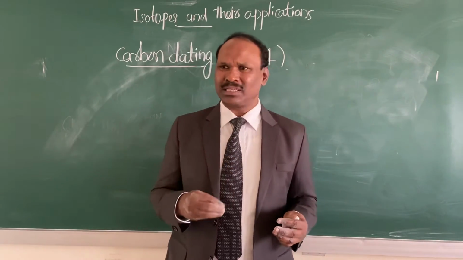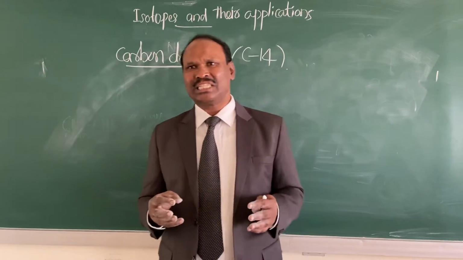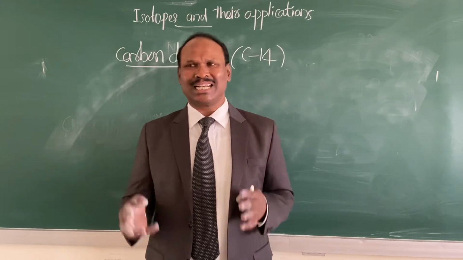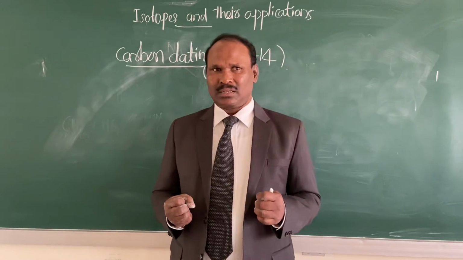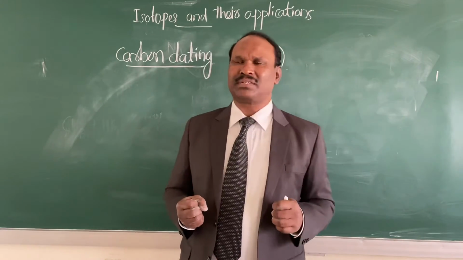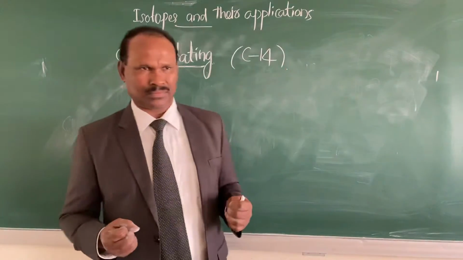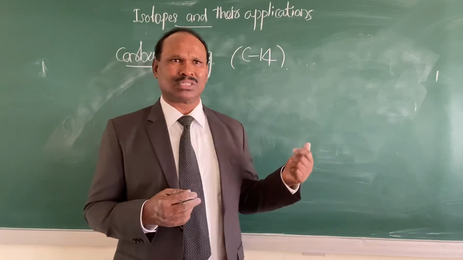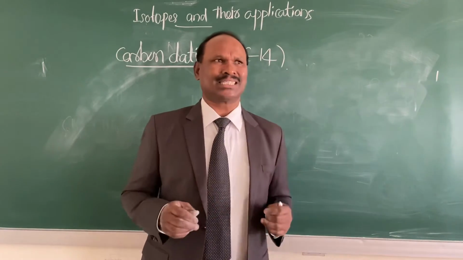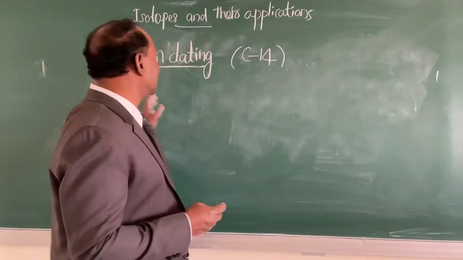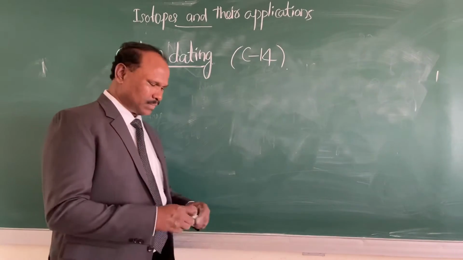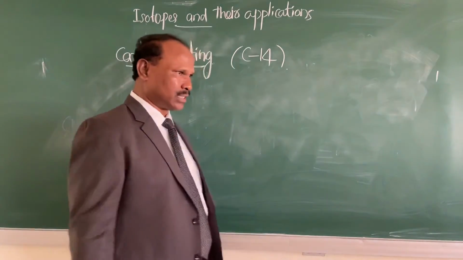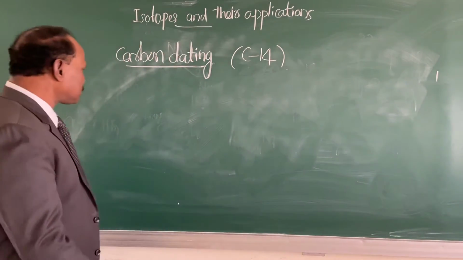Remember, by this method, we can detect the age of dead plants and animals even up to 50,000 years old. If a plant died 50,000 years ago, we can detect its age by using carbon dating. Let us see how this method proceeds.